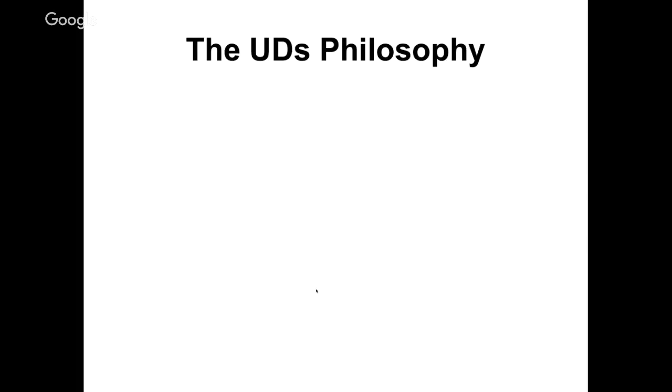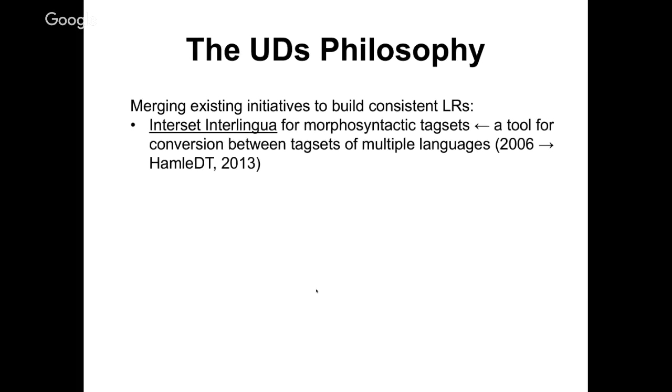So the universal dependencies philosophy is based on merging existing initiatives to build consistent language resources. Across the years, several of these initiatives were started. I just mentioned very briefly here the 4 that were used while building the universal dependencies style.